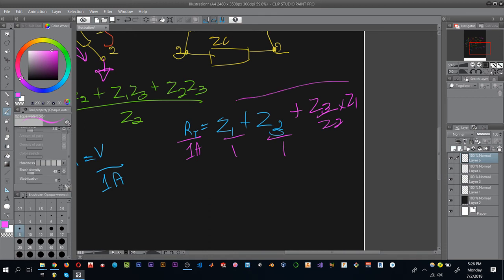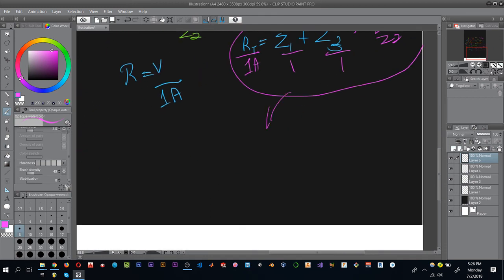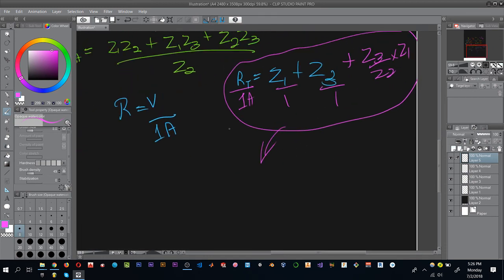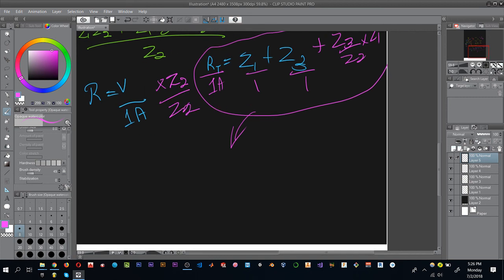If we pull all of this together, we multiply all the numerators by Z2 and divide by Z2. It works out the same, but watch this.